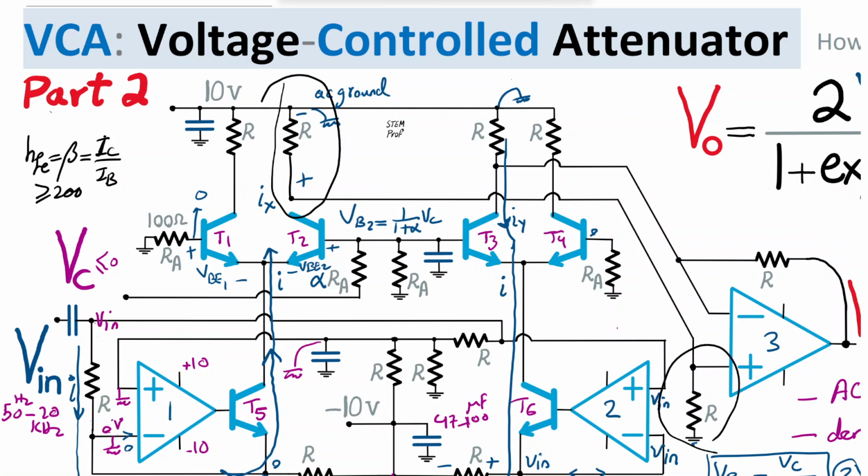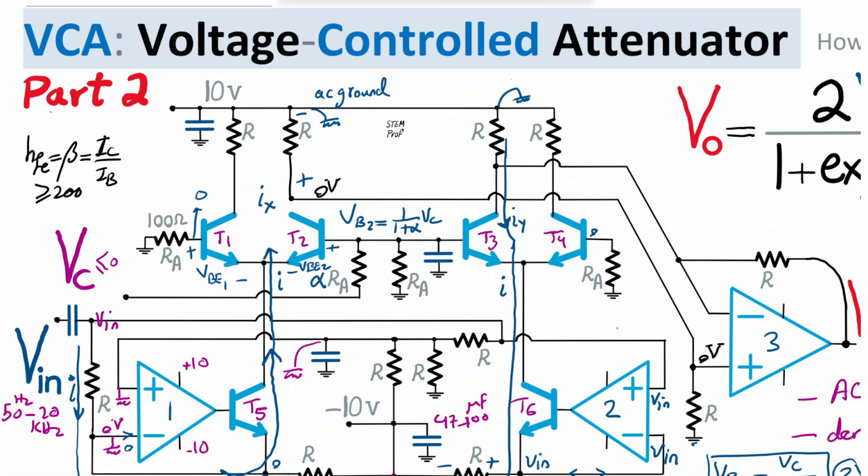If on the other side of these resistors we have pure AC ground and nothing is going through them, there is no voltage drop across these resistors. Therefore we have virtual ground at this node, which means at the positive terminal of op amp number 3 we end up having virtual ground, 0 volt AC bias.